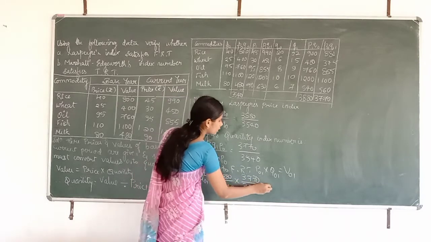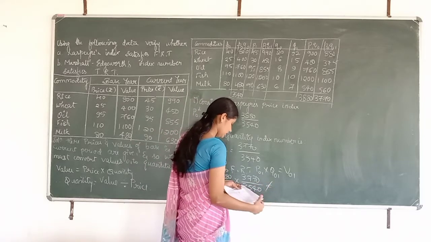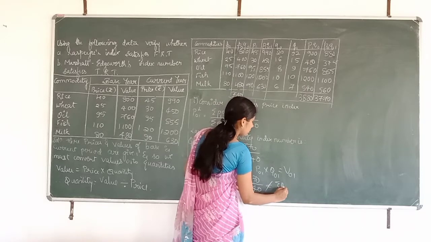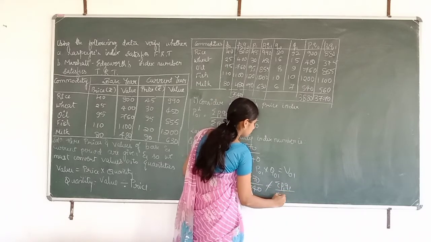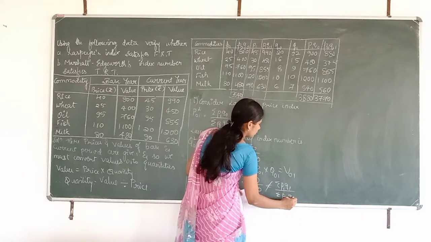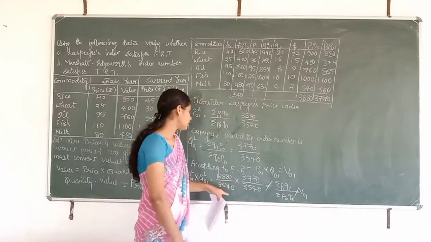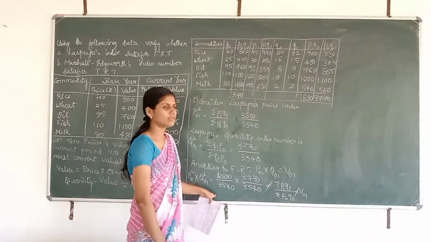So it is not equal to summation of P1 Q1 divided by summation of P0 Q0. That means it is not equal to V01. So can we say that it satisfies the factor reversal test?